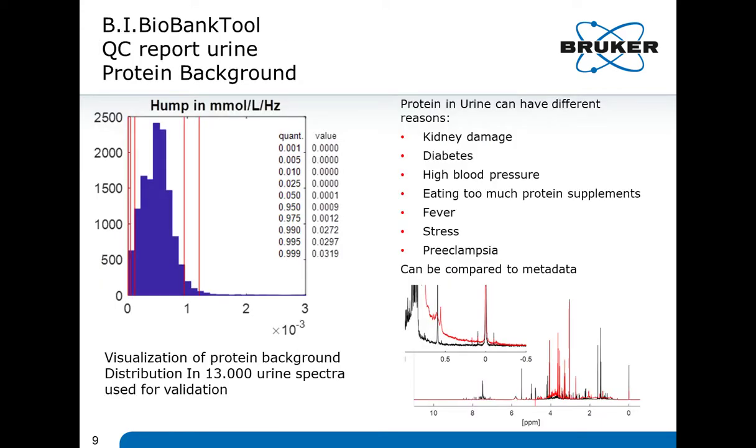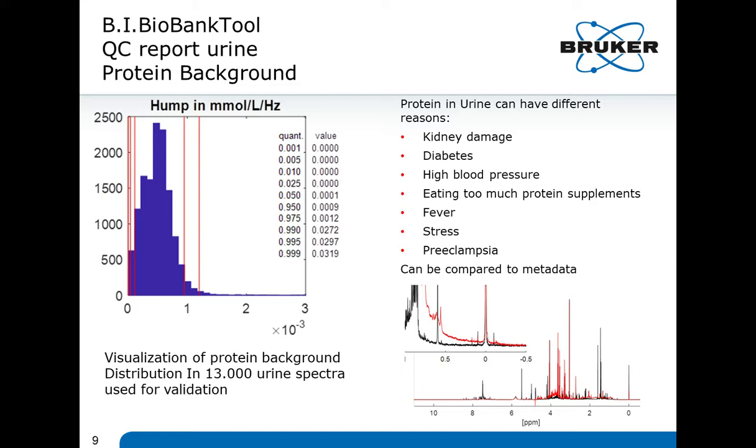So when we look at some examples, you see here how we are looking into the protein background, because protein background in urine has different causes, like kidney damage, diabetes, high blood pressure, then protein supplement intake, fever, stress, preeclampsia, and of course that can also be compared to metadata, for example.